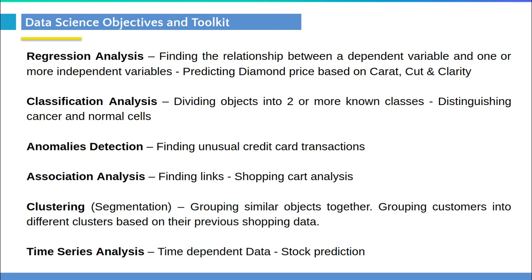We may find association rules, especially in the retail industry, to find the relationships or customer behavior, which helps us with analysis and predictions for the future, right? So clustering is grouping similar objects, like customer segmentation or any kind of grouping we want to do.